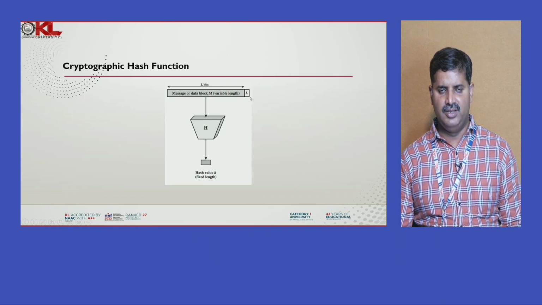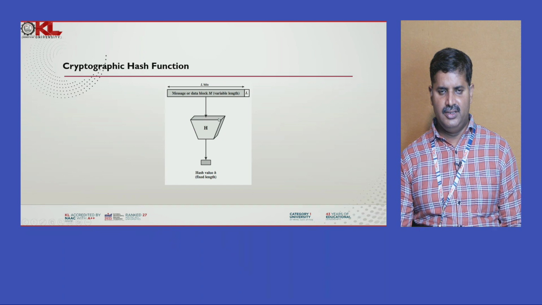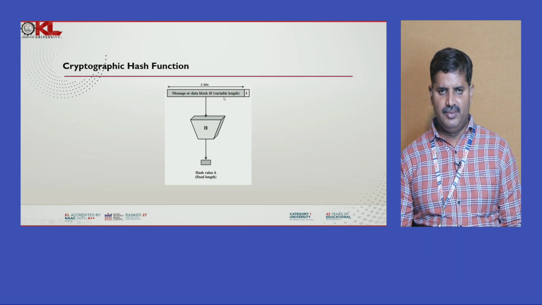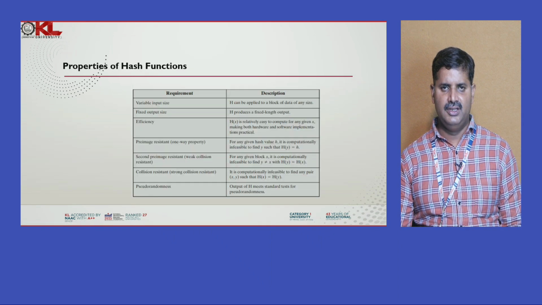These are dummy bits added to the variable length message to make the data fixed, so that the hash function can calculate over the input message and produce the corresponding hash value of fixed length. Okay, is it clear?